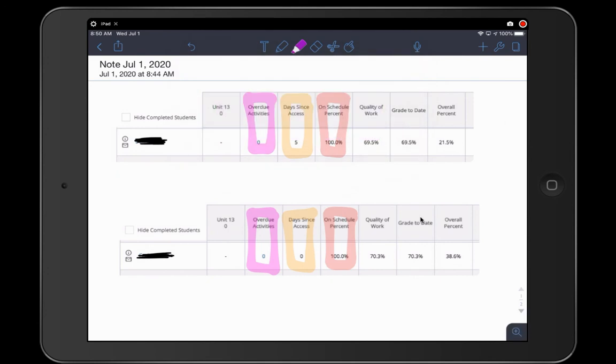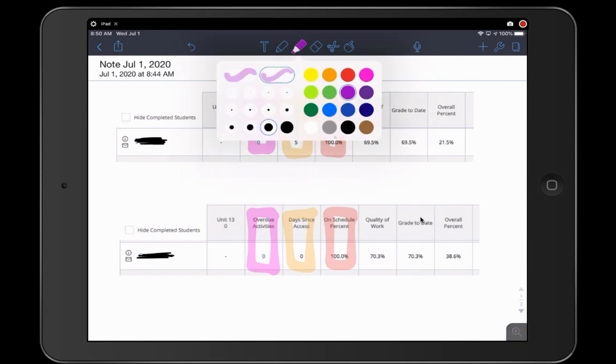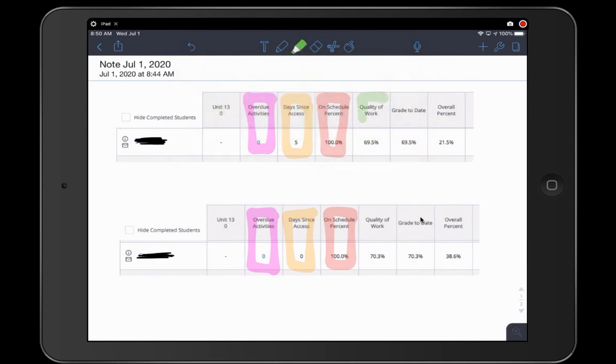All right, the next one we have here is quality of work. Now, this is kind of confusing. It's basically the grade on what you've completed so far. It means the same thing as grade to date, okay? Same percentage. It's what you've done so far.